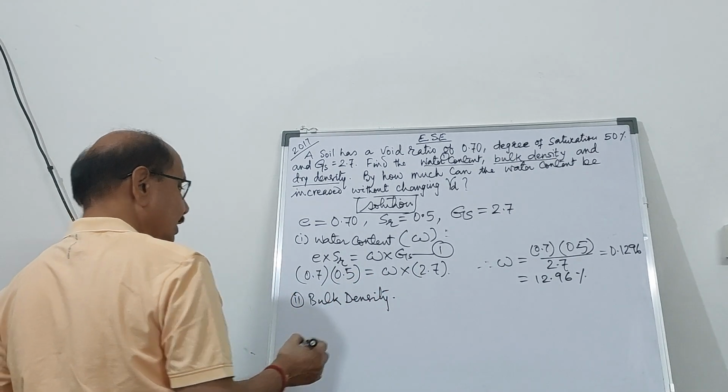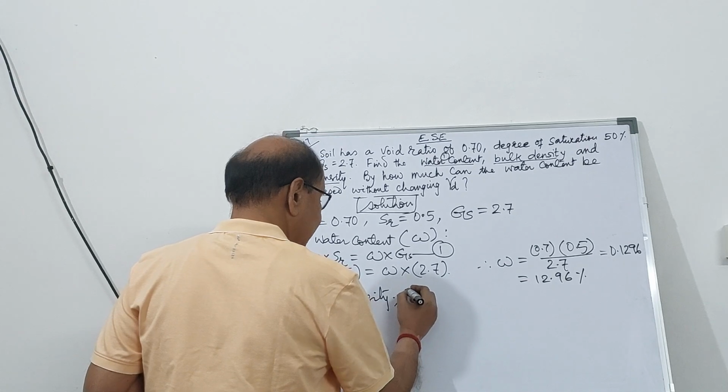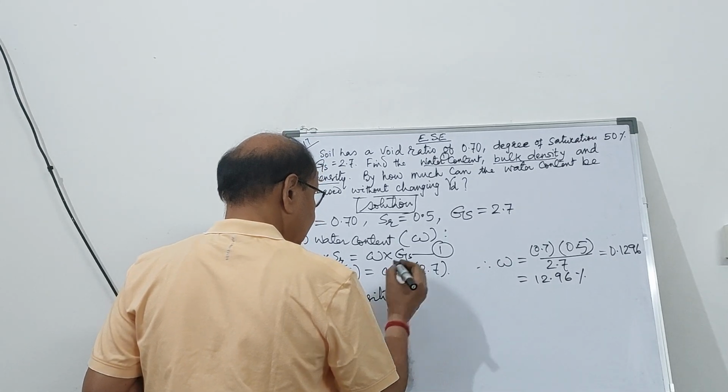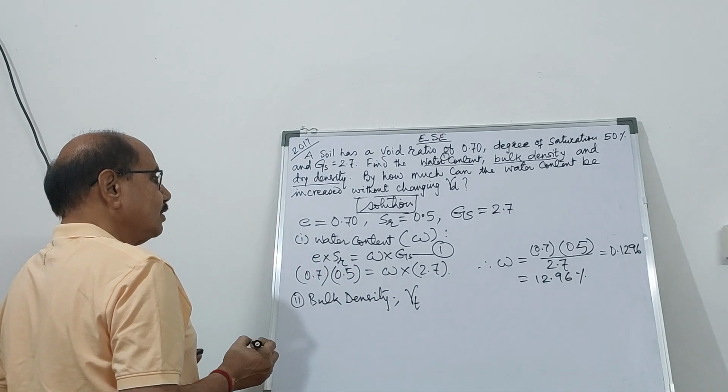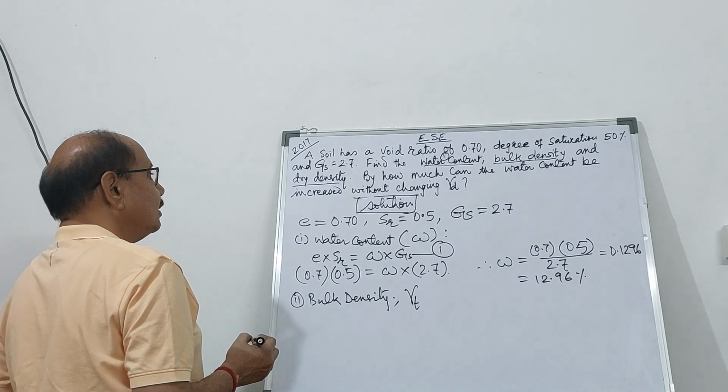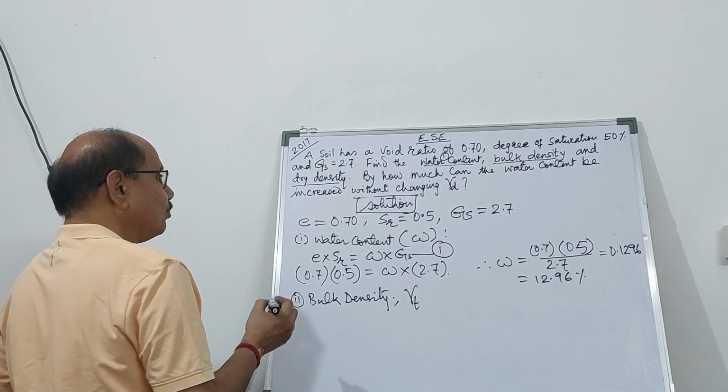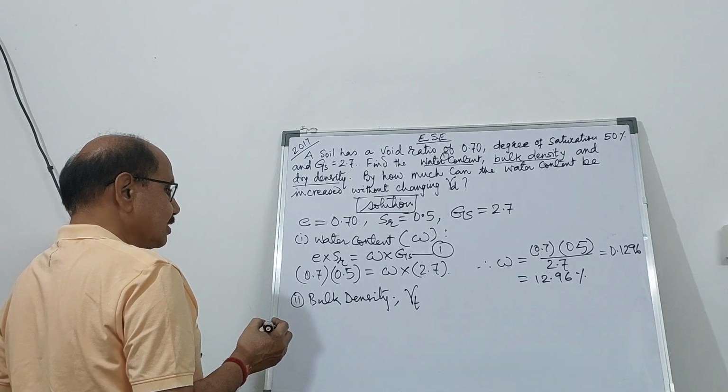So bulk density or total density is called gamma T, and also you will have to find out the dry density.